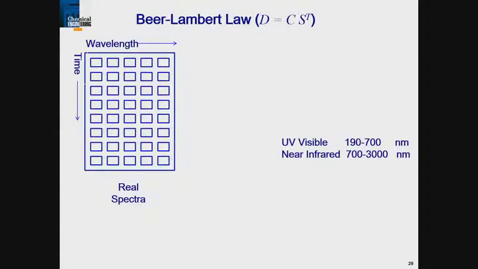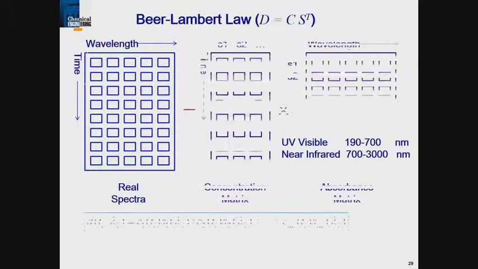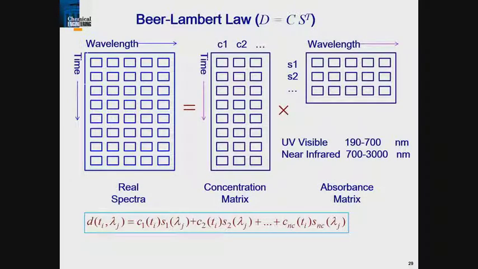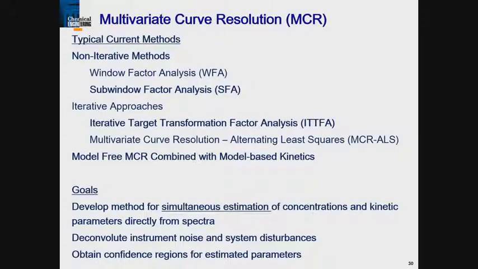Okay, good. So again, we start off with the real spectra. We're basing this on the Beer-Lambert law, okay, which is given up there. And now what we have is a way of saying, okay, I need the concentration matrix, I need the absorbance matrix. It looks like this. And there are several ways to do this, okay? It's usually called multi-curve resolution, okay?